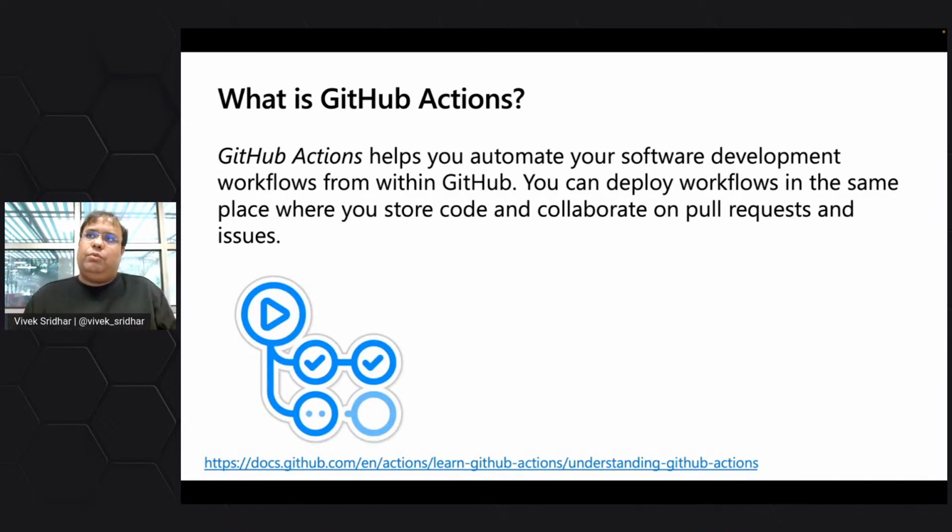When I say workflows of developers, it's basically any kind of event happening on your GitHub repo. For example, if an issue is being created, or you are adding a label to one of the issues, or if there is a pull request or a push, there is an event happening on your GitHub repository. And when that is happening, you want to run certain automations, some repeatable jobs.